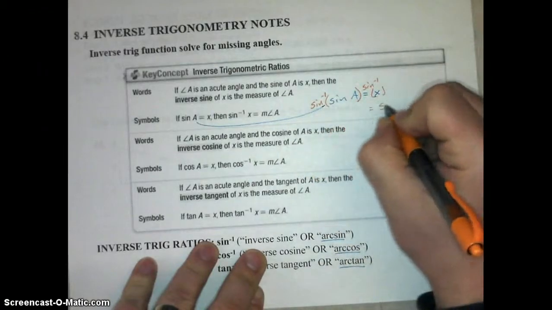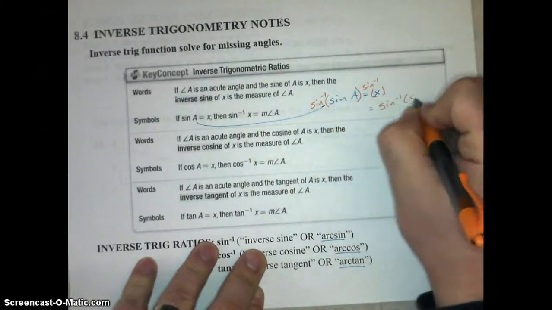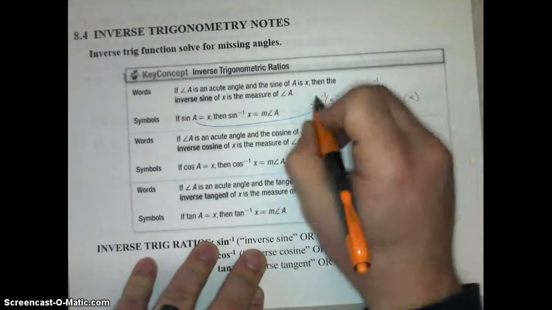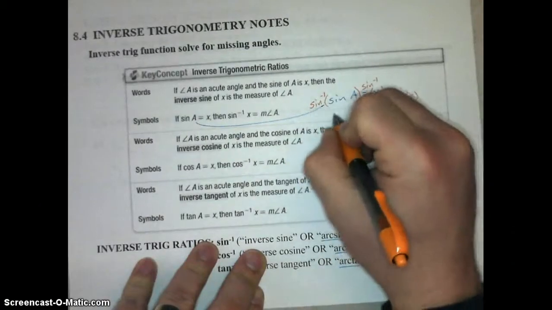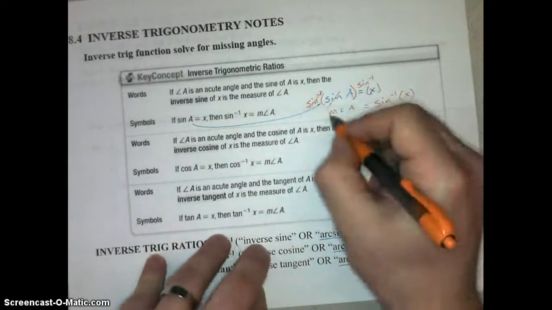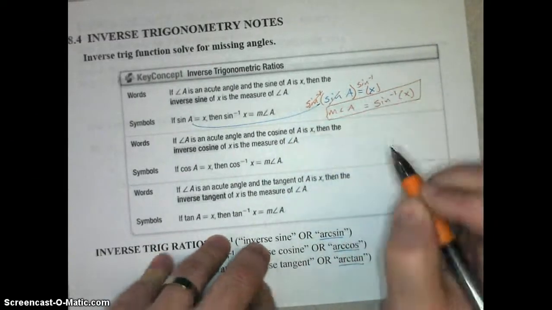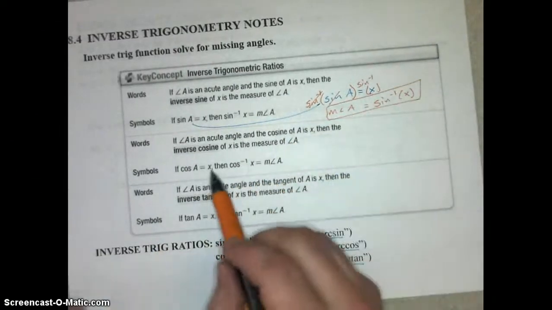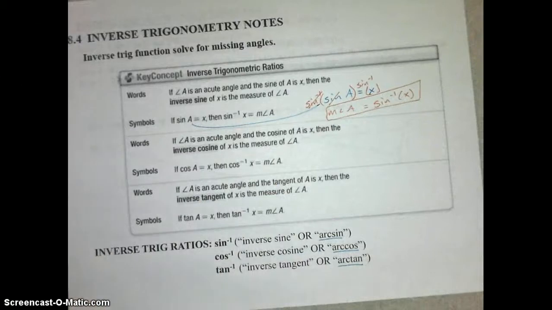So this side is now inverse sine of x, of that ratio, equals the measure of angle A, because inverse sine cancels out sine. These are just inverse operations, they cancel each other out. And the same could be done for cosine and tangent.